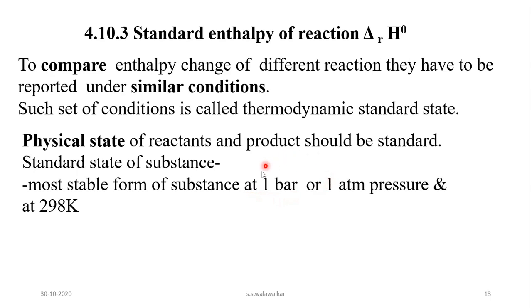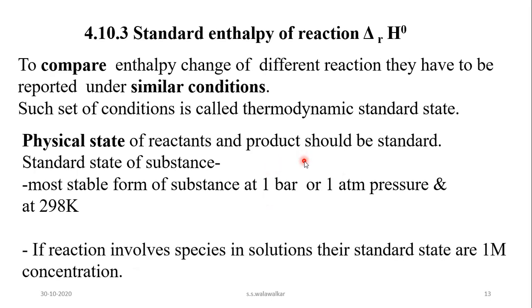The standard state of pressure is 1 atmosphere or 1 bar, and the standard state of temperature is room temperature, that is 298 Kelvin. Now, standard physical state of reactant and product means the most stable form of the reactant or product at 1 bar pressure and at 298 Kelvin.